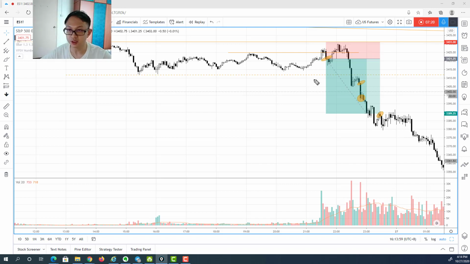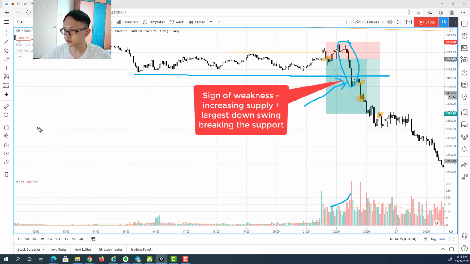This is where the movement started, the downswing. Anyway, right after that we have seen this sign of weakness. This is the clue for identifying market weakness, because the breakdown via this downswing actually has an increasing of the supply level and also a breaking down of the support.